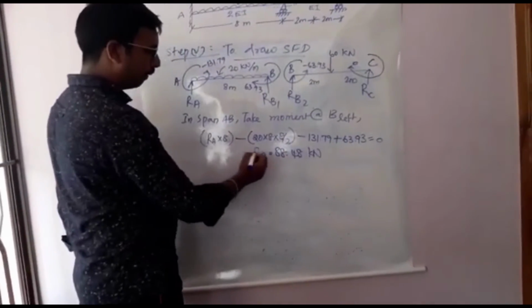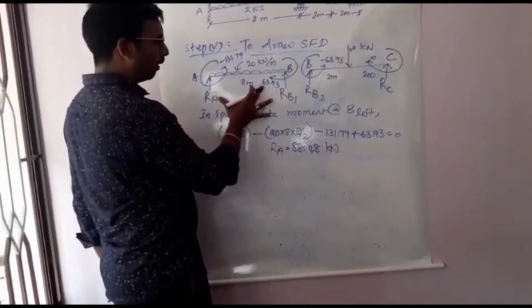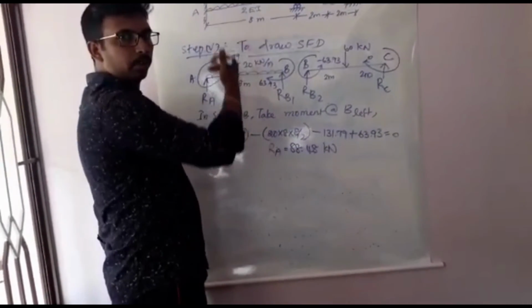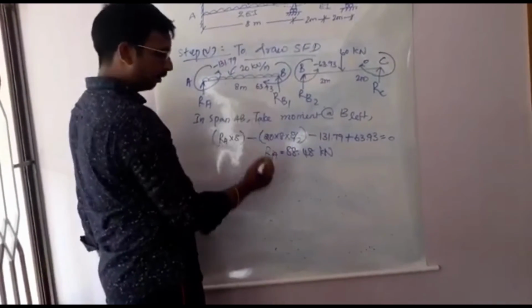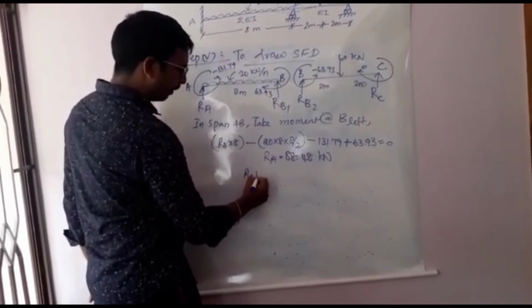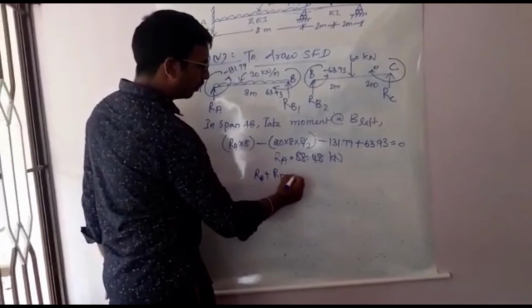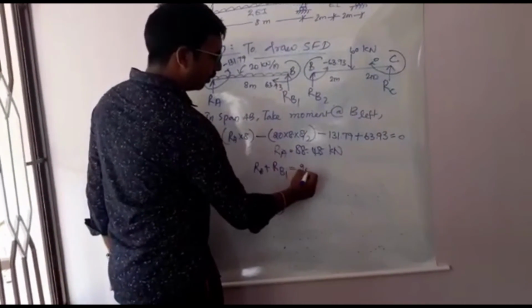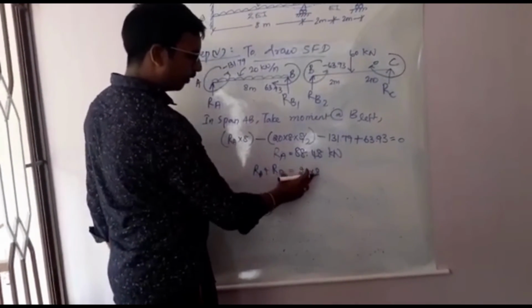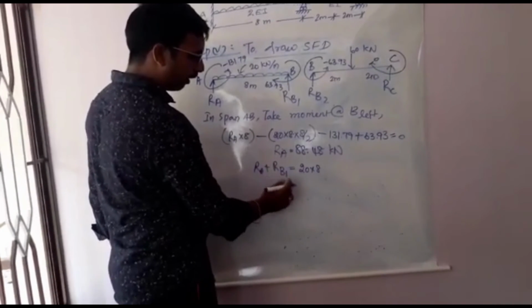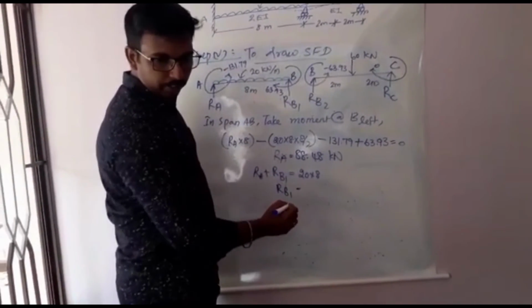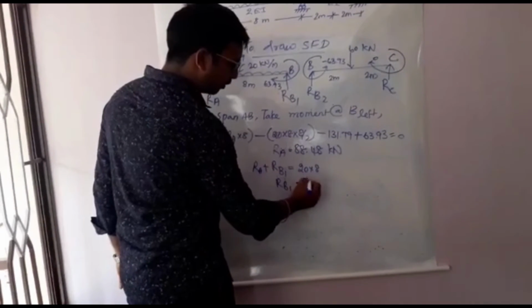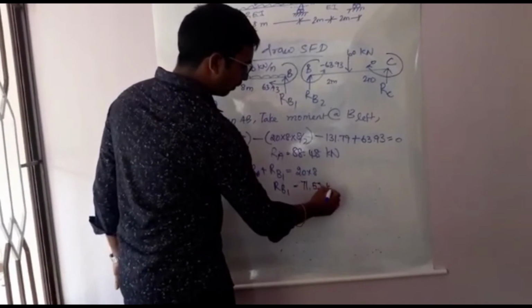Then upward force equals downward force, so RA plus RB1 is equal to the load 20 into 8. If you subtract the value of RA, you will get RB1 equal to 71.52.